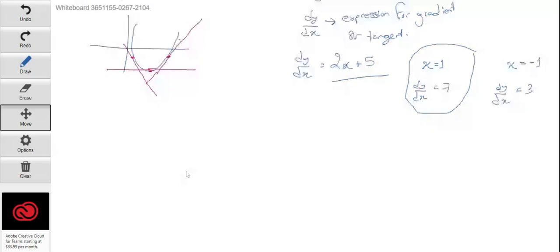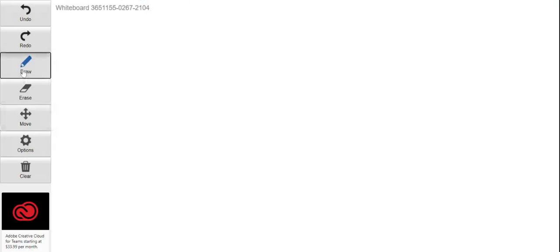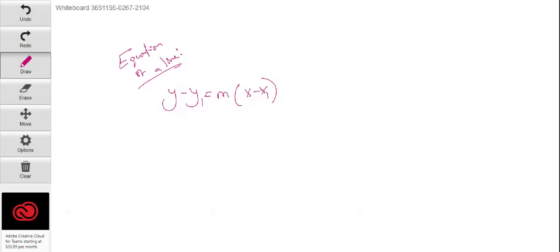So keeping that in mind, let's recall what we already knew from coordinate geometry. We knew from coordinate geometry that the equation of a straight line follows y minus y1 equals m times (x minus x1), which means if you have a line connected by 2 points A and B, one such point has an x coordinate and a y coordinate.